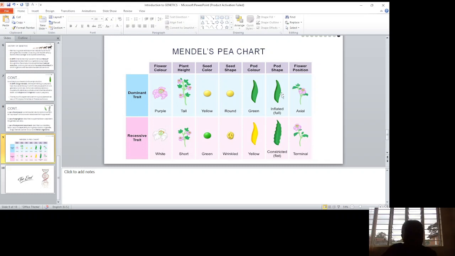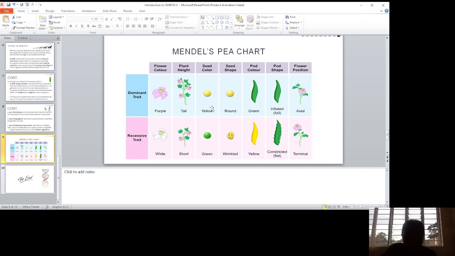As you can see on the chart, there's the dominant trait and the recessive trait. For color, we have purple as the dominant and white as the recessive. For plant height, we have tall, and short for the recessive one.